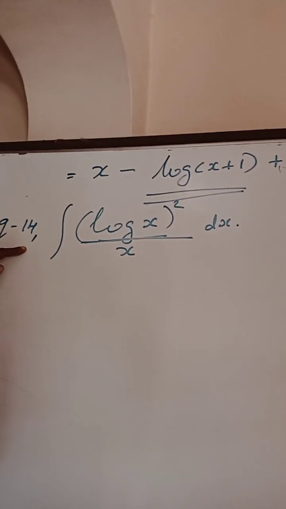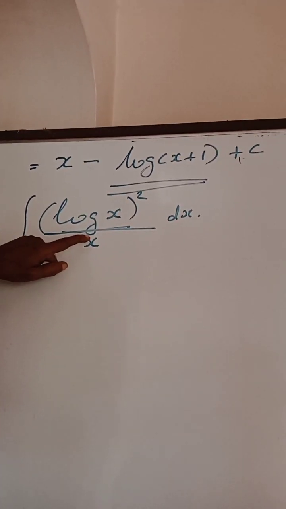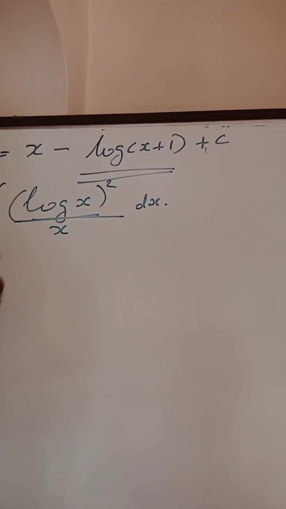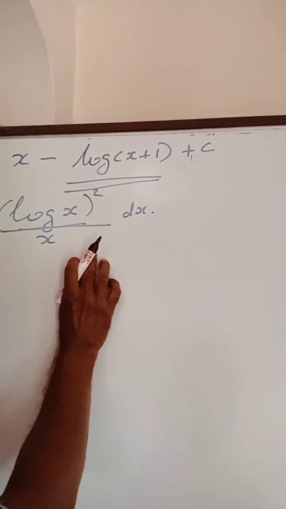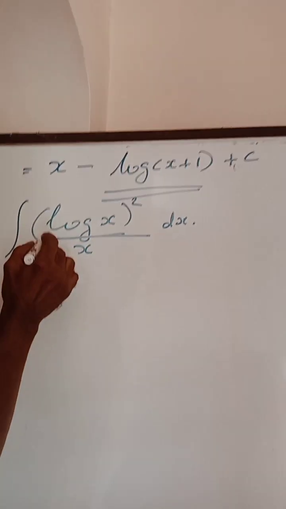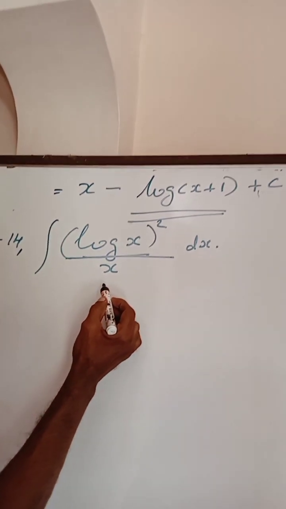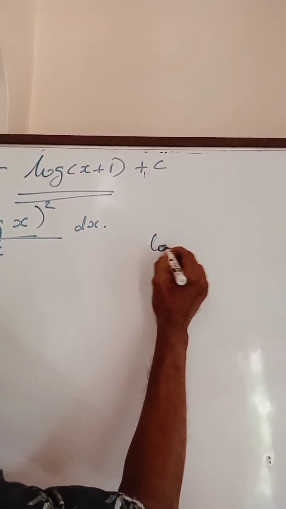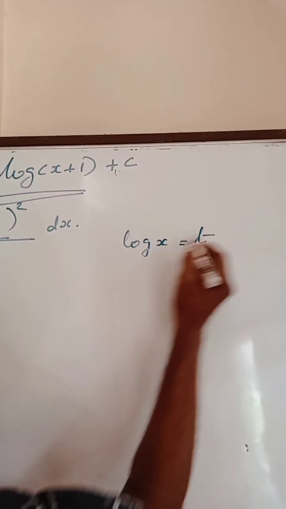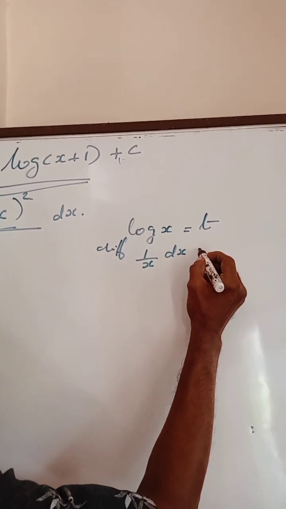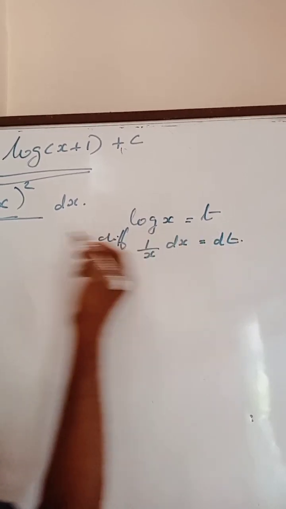We do some more problems based upon the above studies. Question number 40. Integration of log x the whole squared divided by x dx. While going through this question, we can see that the derivative of log x is equal to 1 by x. So, we can substitute log x is equal to t. Differentiating, 1 by x dx is equal to dt.